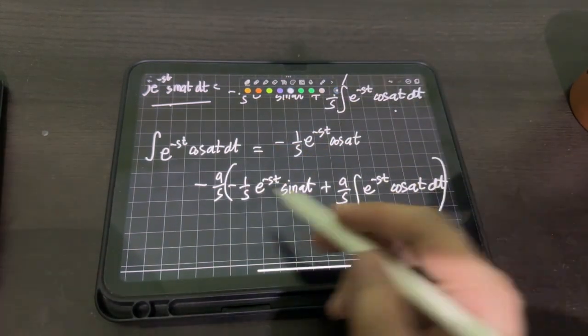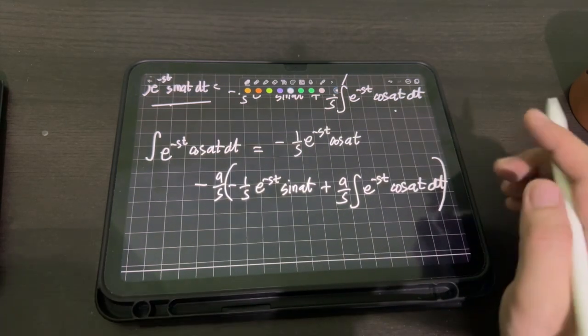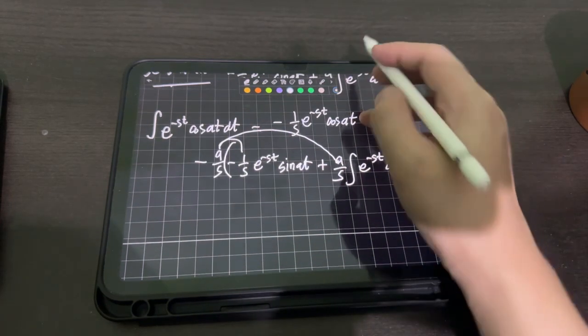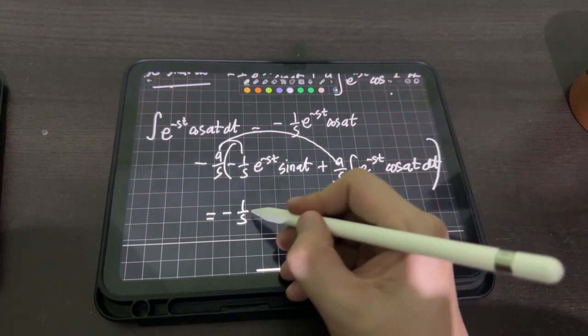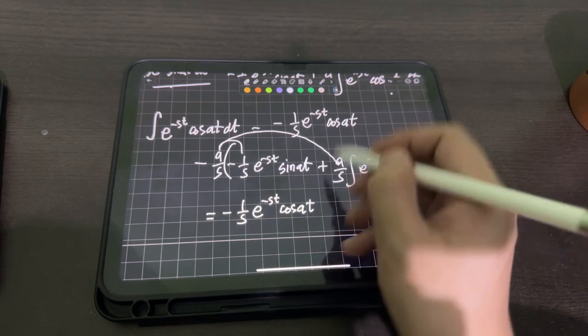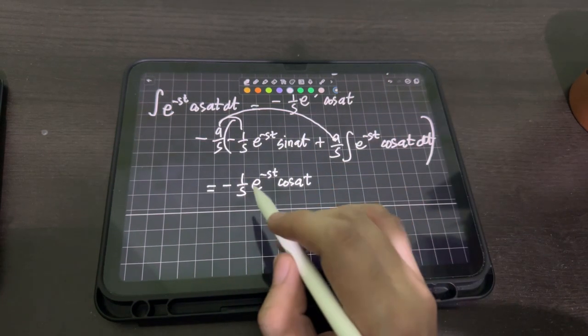Okay, quantity times negative a over s. So we can distribute again this negative a over s, multiply. So we will have negative 1 over s, copy the first term, e to the negative st cosine at. Then multiply negative a over s times negative 1 over s.